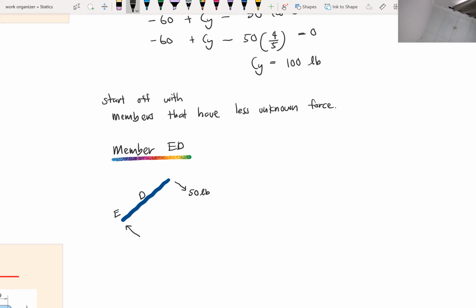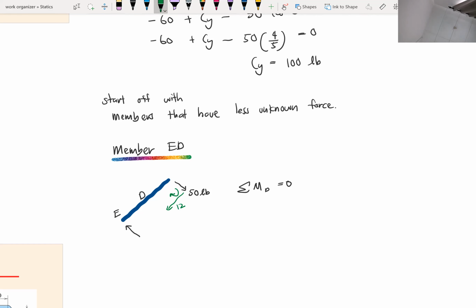We start with summation of moment at D equal to 0, since we want to know the force at E. From here to here is 12, this way.